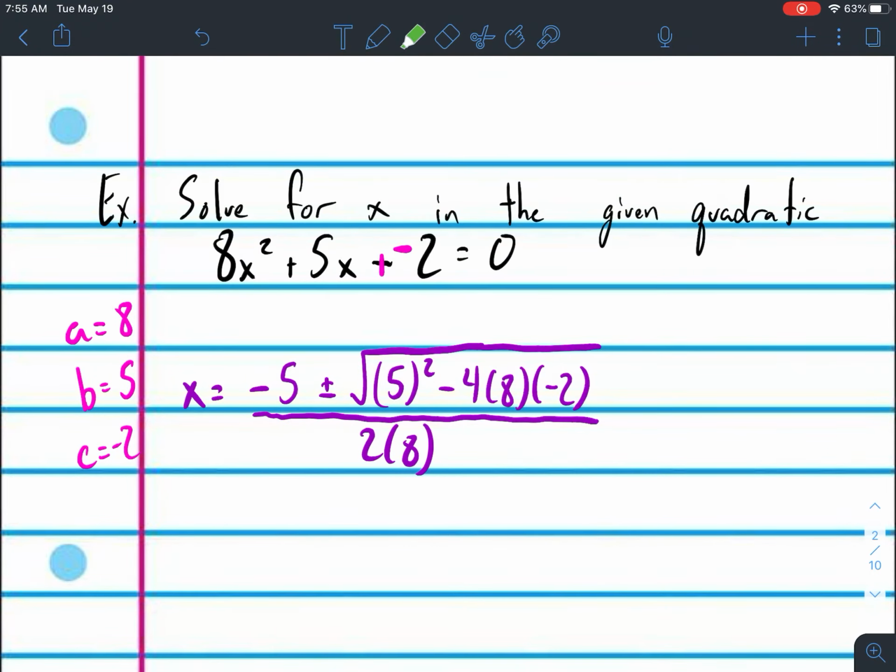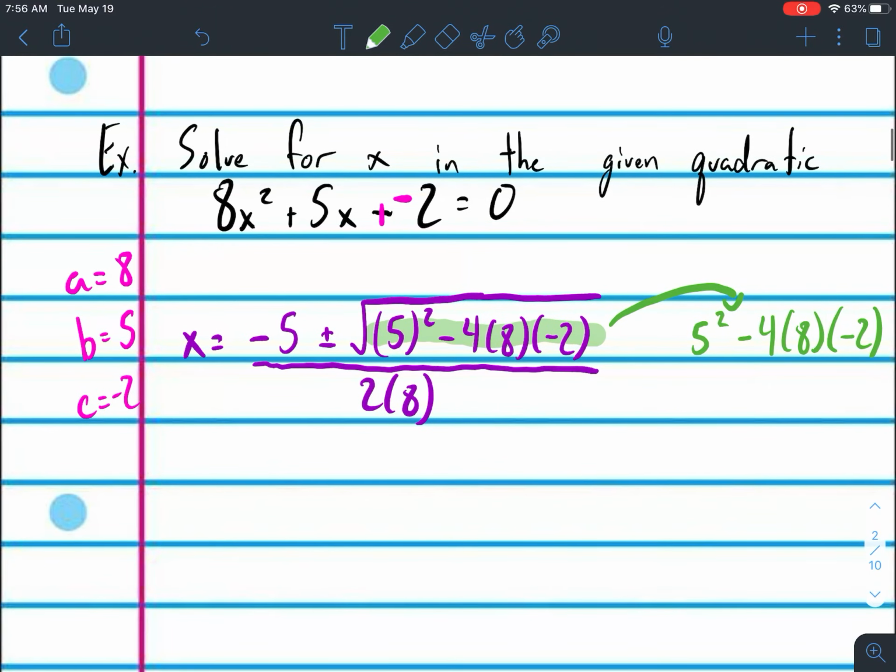Now, before we do anything, let's look at the discriminant. Let's get all that figured out first. The discriminant will tell us how many solutions there are, if there are any solutions. So we're going to do that right here. Let's do this. 5 squared minus 4 times 8 times negative 2.